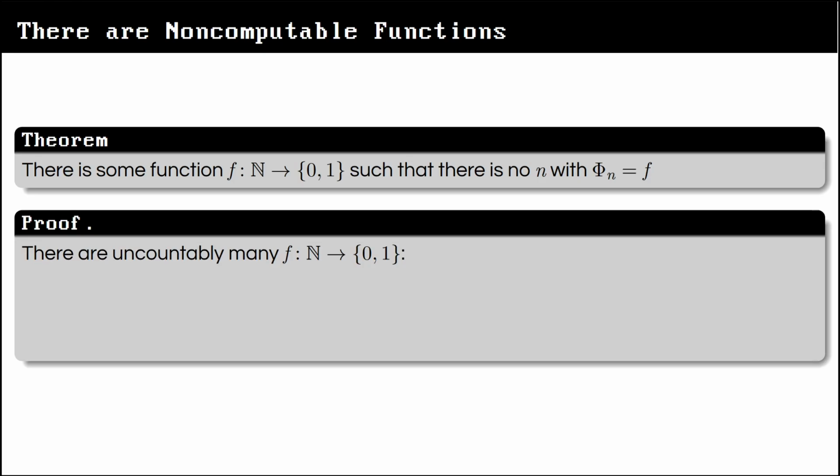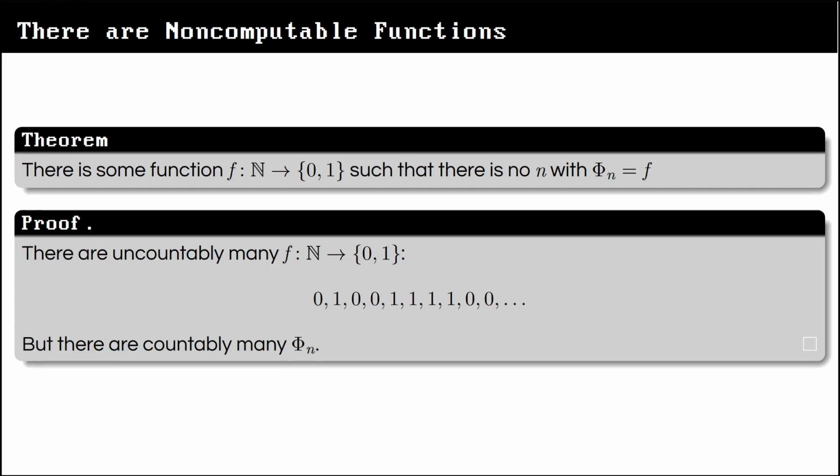There are uncountably many functions from the natural numbers to the set {0, 1}. This is usually shown by considering these functions as infinite binary sequences. On the other hand, there's only countably many phi sub n, one for each n. So we're actually going to miss out on most of the functions from the natural numbers to {0, 1}.